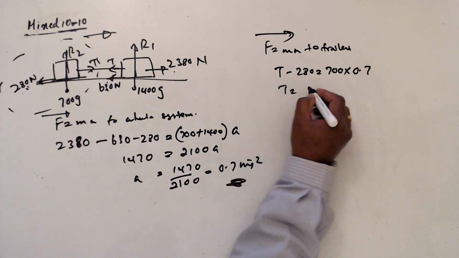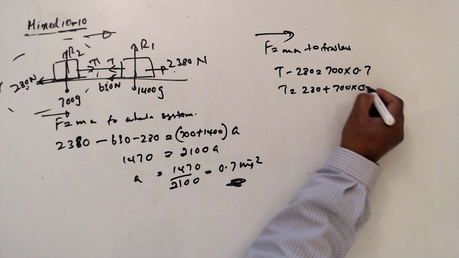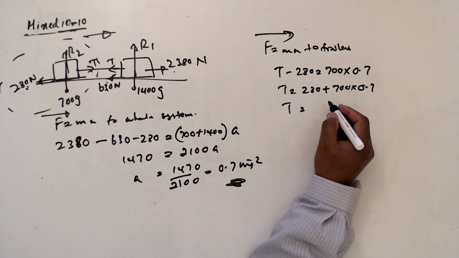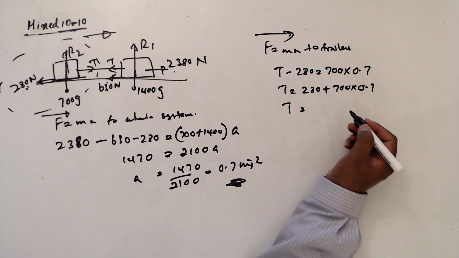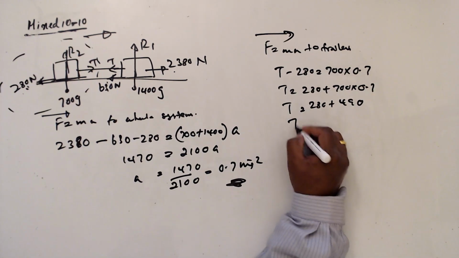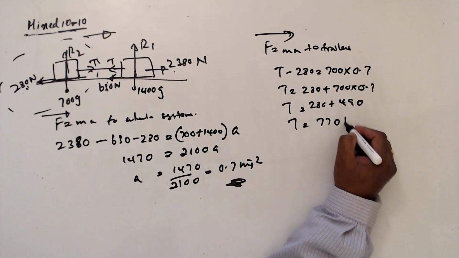So T equals 280 plus 700 times 0.7. So T equals 280 plus 490, T equals 770 Newton.